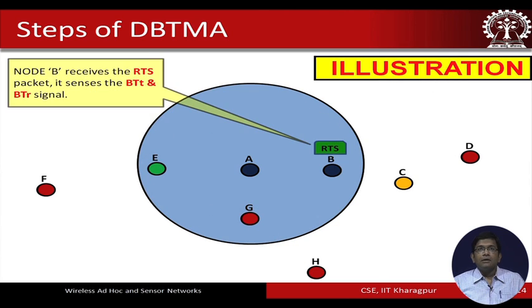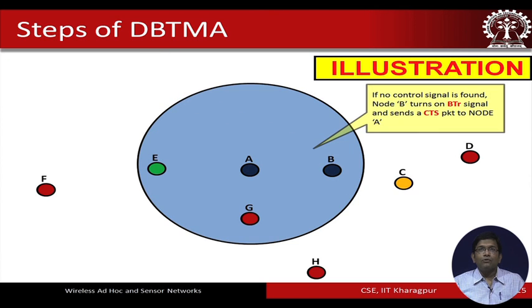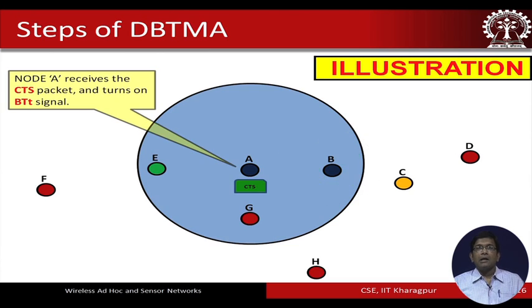Clear? Now, node B receives the RTS packet and senses the BTT and BTR signals. If no control signal is found, node B turns on the BTR signal and sends a CTS to node A. Okay. Node A receives the CTS and turns on the BTT signal.